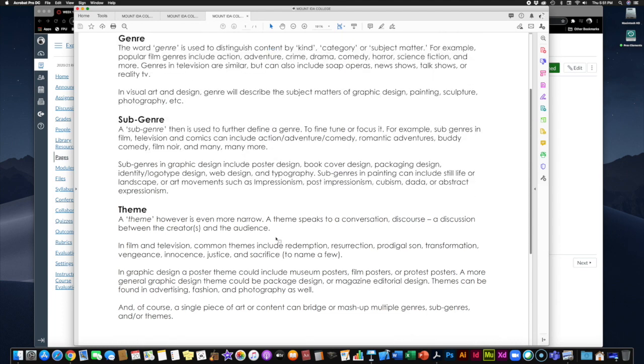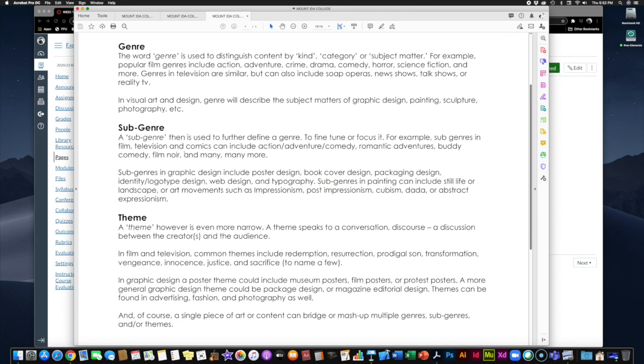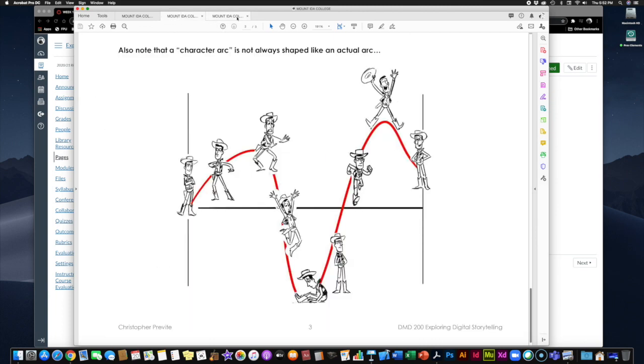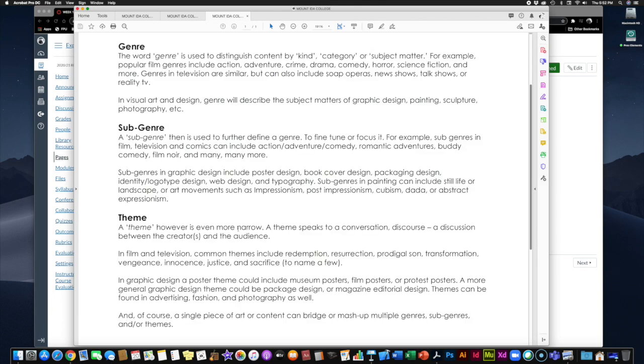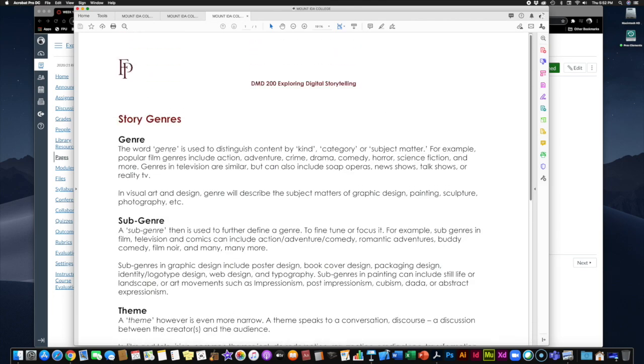So what we're going to try to do in our stories that we're going to create in our class here is be cognizant of and make some decisions about what genre we are working in, what our subgenre is, and whether we have some themes. We don't want to just make stories, we want to understand what their point is and where they're heading. So we will be referring back to both character arcs and to genres, subgenres, and themes for all of our projects in this class.